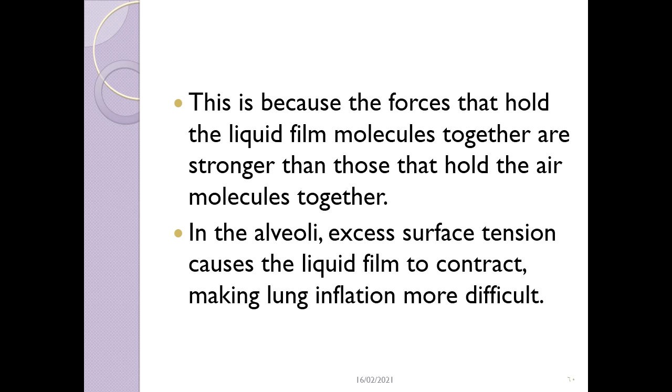In the alveoli, excess surface tension causes the liquid film to contract, thus making lung inflation more difficult. It will be difficult for these alveoli to stretch and receive more air.